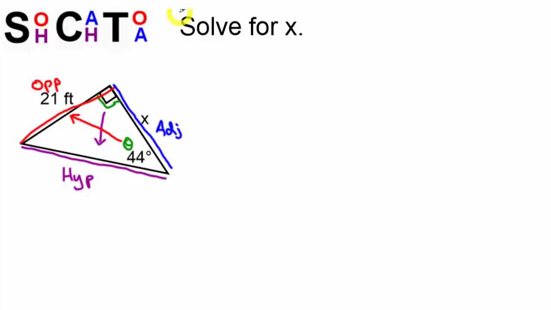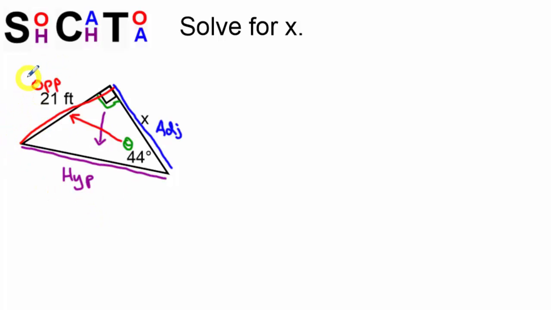Now that we have all three labels, we can look at the three options, sine, cosine, and tangent. The way I have it written here is in the form of a memory trick, which is SOH CAH TOA, right? SOH CAH TOA. And that's a way for you to remember all three formulas without actually having to memorize the formulas themselves. So our job is to pick the right one by noticing which two sides are important in the picture and which side is not important.